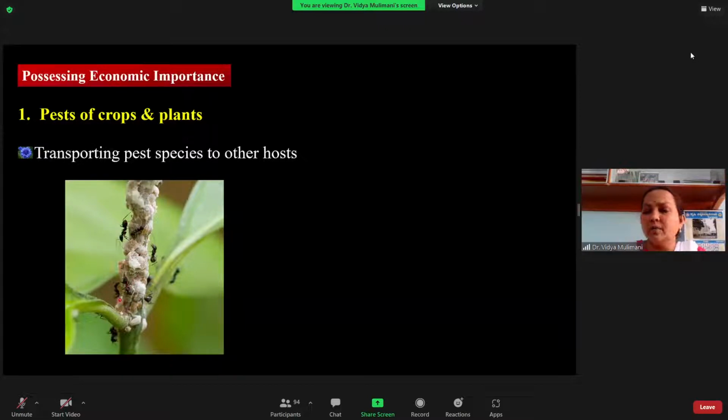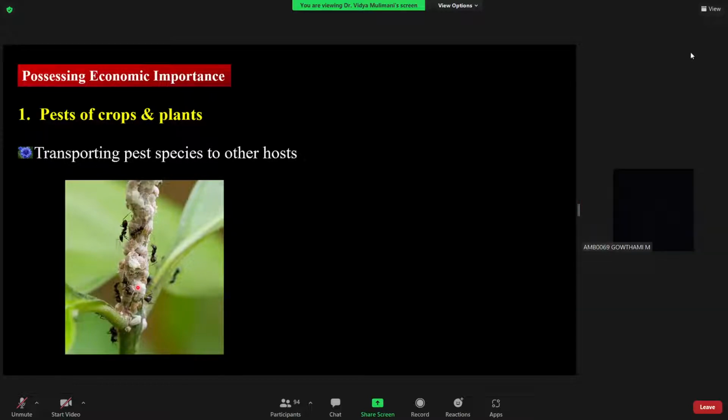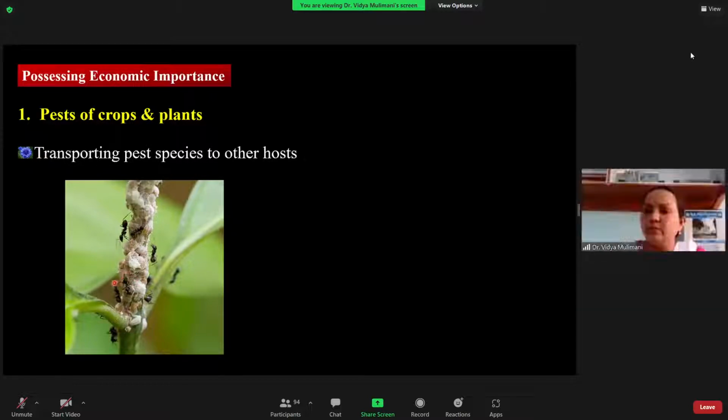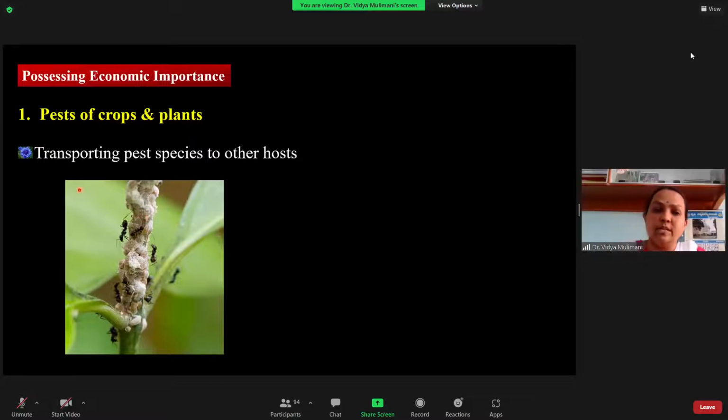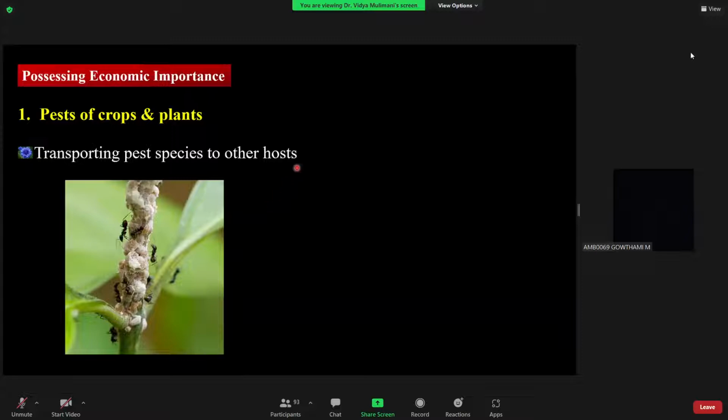The ants come for these insects mainly for the collection of the honeydew. During that time, they carry these insect pests from one crop to another crop or from one field to another, and that is how they spread the insects, which are the major pests of the crop. That is the third way, transporting the pest species to other crops.